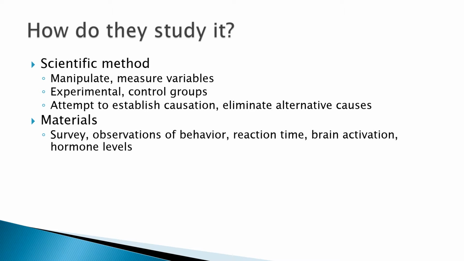You might look at how quickly people react to certain stimuli. That's the basis of the implicit attitudes task. So we're going to take a look at the IAT later this semester and learn a little bit more about it. When we talk about social neuroscience, we'll also take a look at which areas of the brain tend to activate under certain circumstances, like for example, when we're rejected. We can also measure things like hormone levels to see how people react to threat in terms of spikes of testosterone.